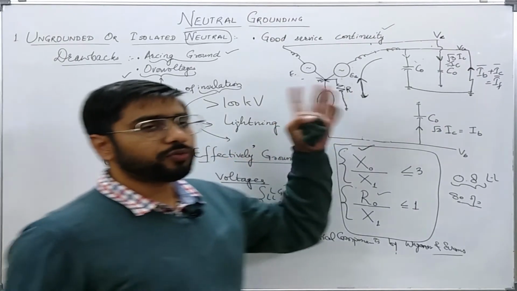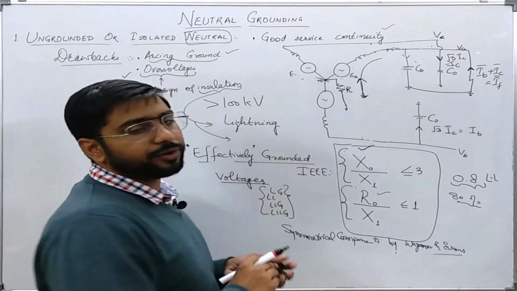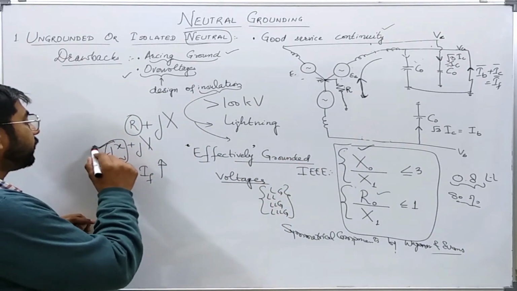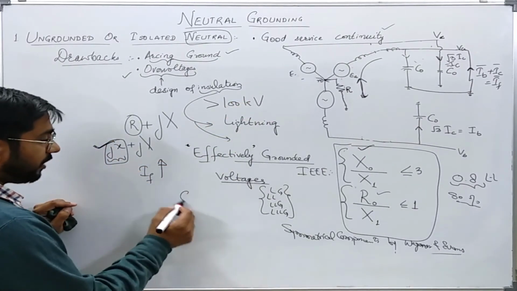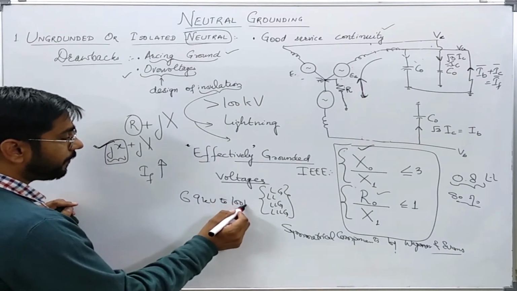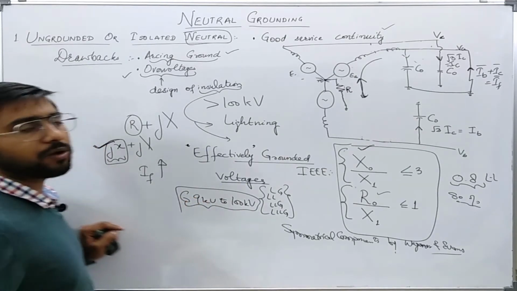So it will have twofold benefits. First, it will not consume any power during the fault. Second, it will have better effect. That's why, especially for systems between 69 kV and 100 kV, we usually have reactance grounding.